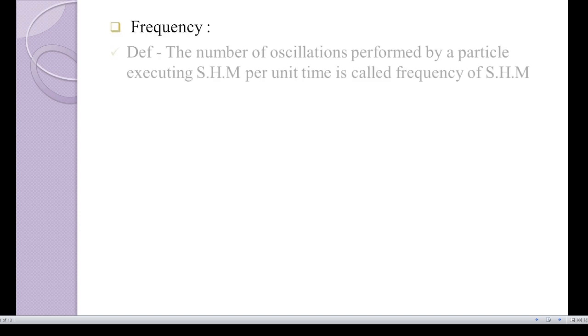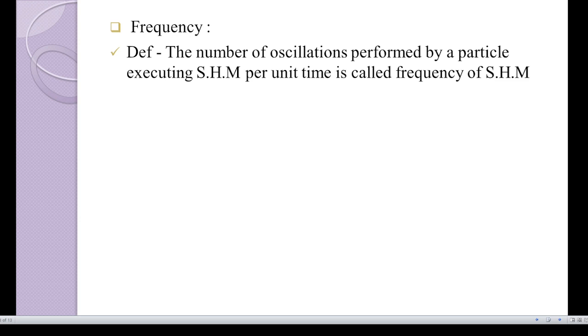Now the next point is frequency. The definition of frequency: the number of oscillations performed by a particle executing simple harmonic motion per unit time is called the frequency of SHM. Simply, the number of oscillations per unit time is called the frequency, and it is given by n is equal to 1 upon T is equal to 1 divided by 2 pi omega.